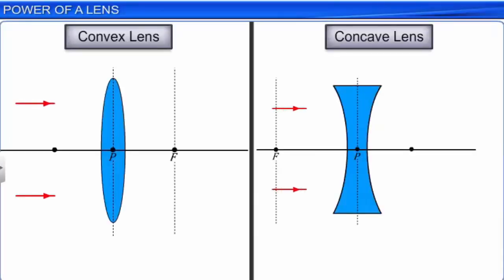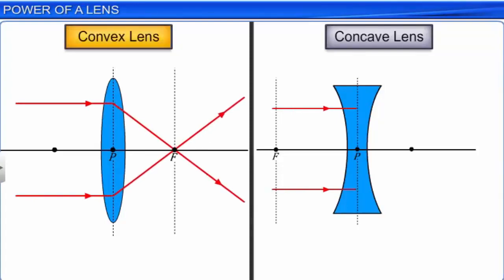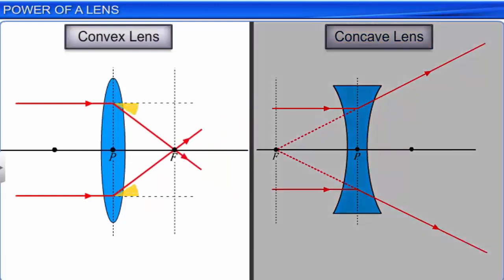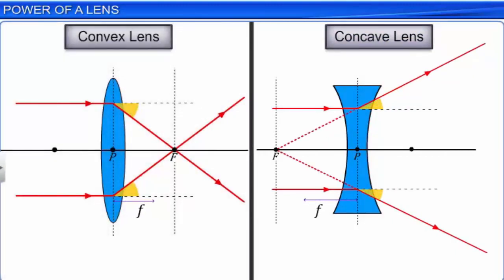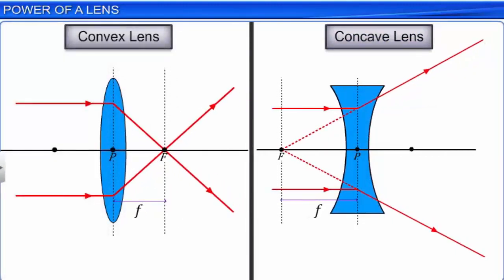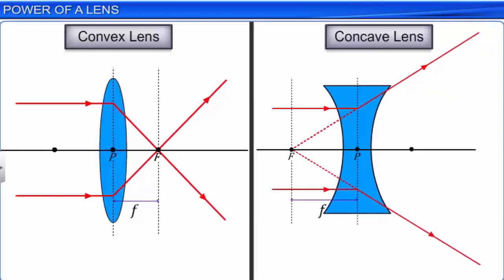We know that light rays, when incident on a lens, converge in the case of a convex lens and diverge in the case of a concave lens. The degree of convergence or divergence depends on the focal length of the lens. If the focal length of a lens is small, then the convergence or the divergence of light is more.